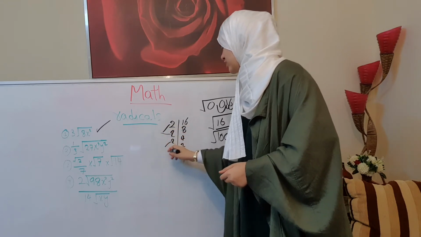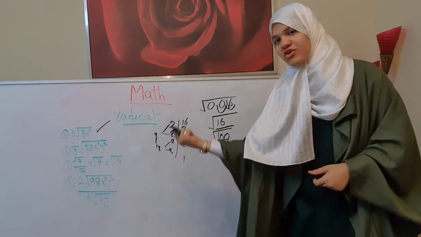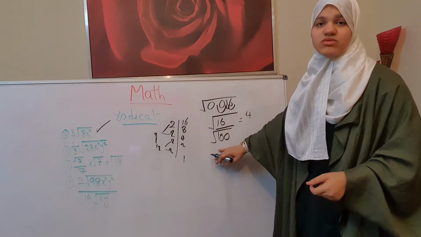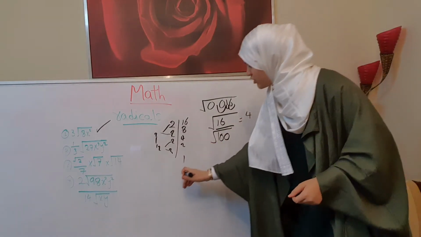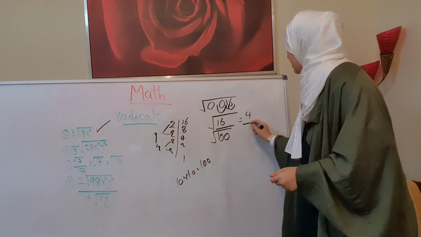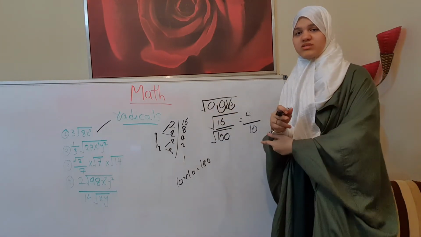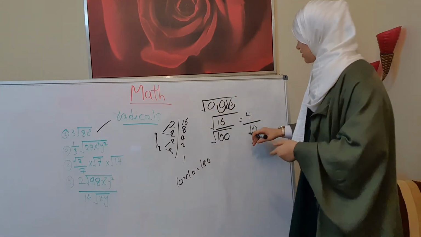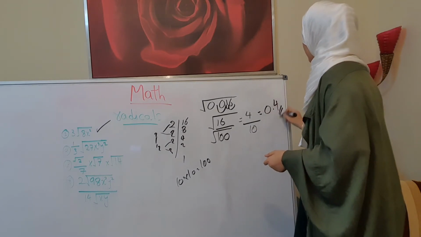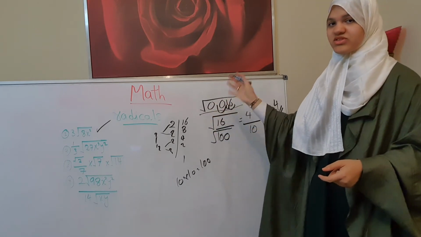So we have 2 and 2, which means it will be 4, because 4 times 4 is equal to 16. The square root of 100 is 10, because 10 times 10 is equal to 100. Then 4 over 10. Now we divide: 4 divided by 10 is equal to 0.4. This is the final answer for the square root of 0.16.